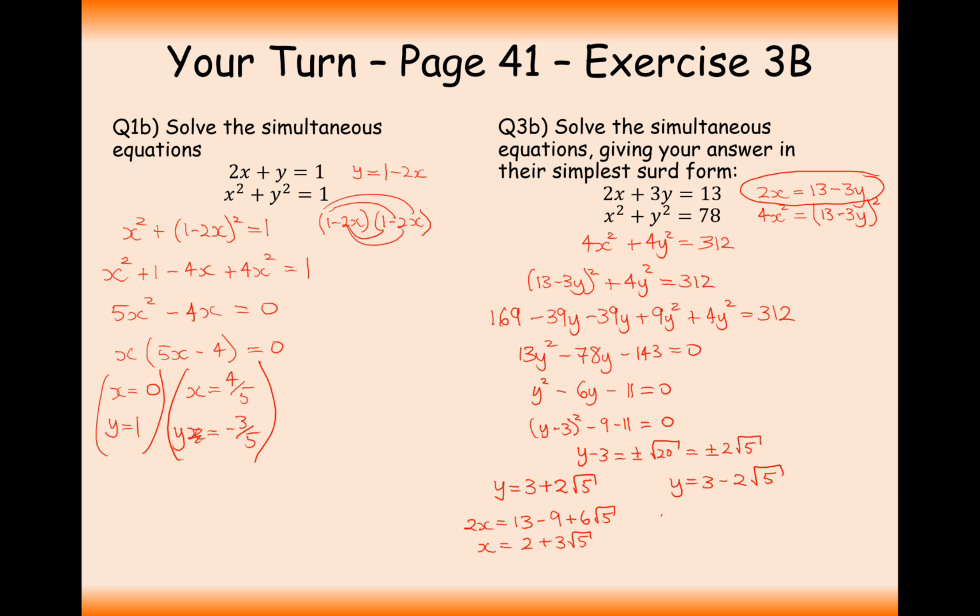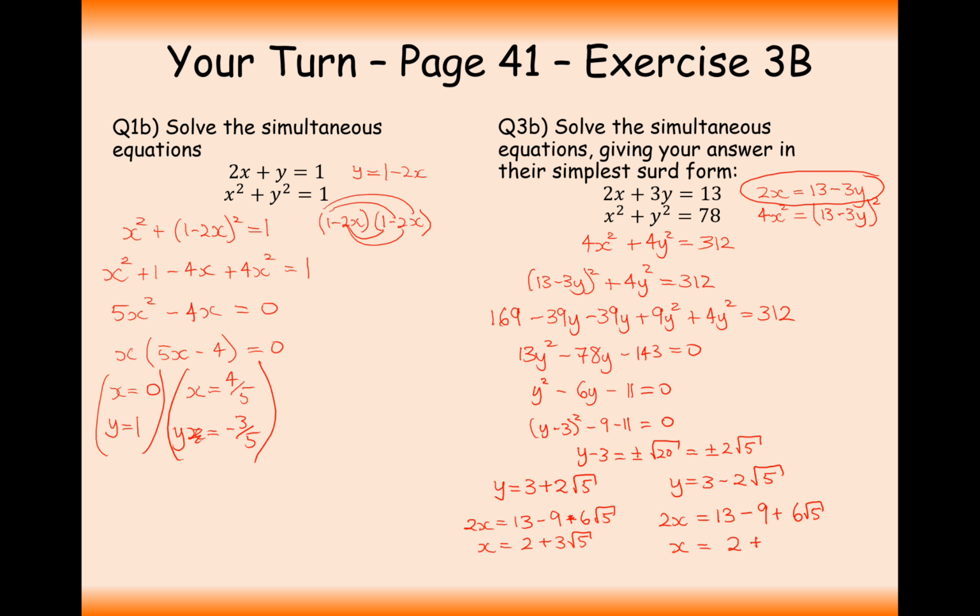And on the second one here, we're going to get 2x equals 13 minus 3 lots of 3 is 9, and the double negative here will give us plus 6 root 5. And then dividing through by 2, we're going to get 2, and plus 3 root 5.